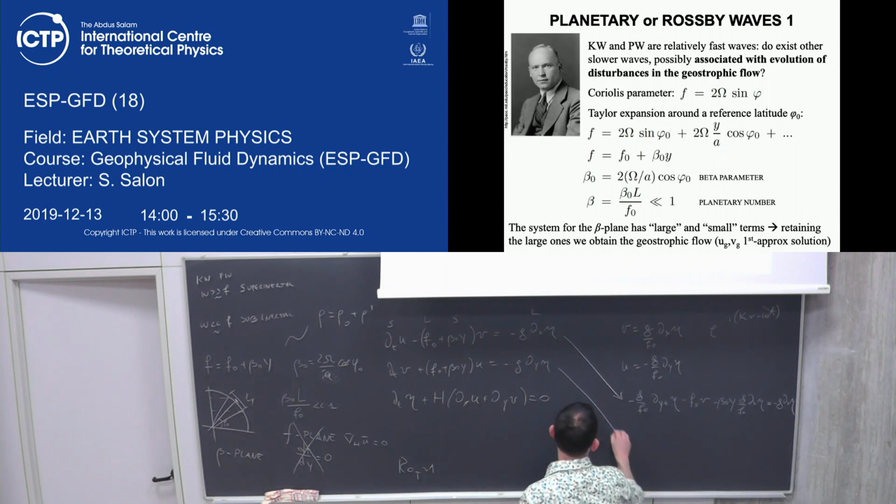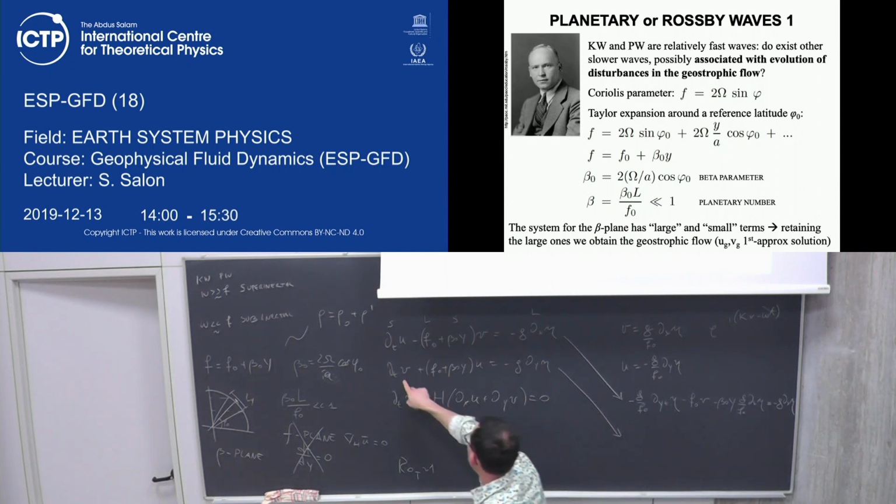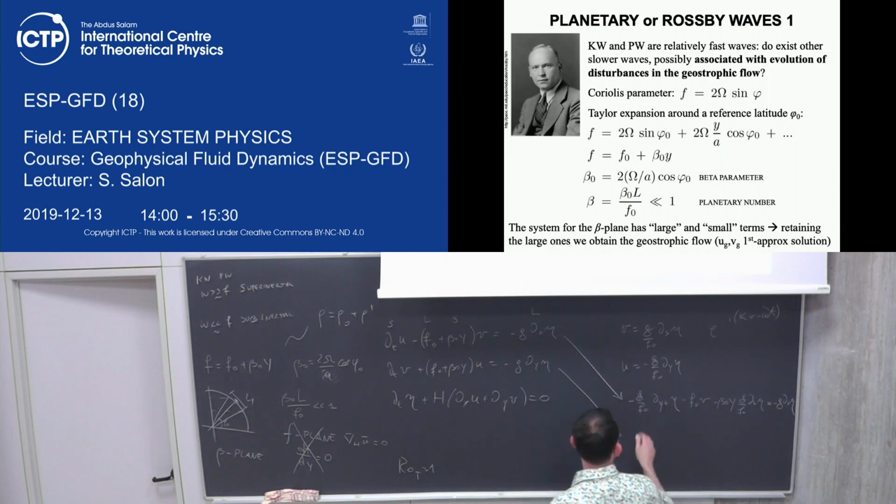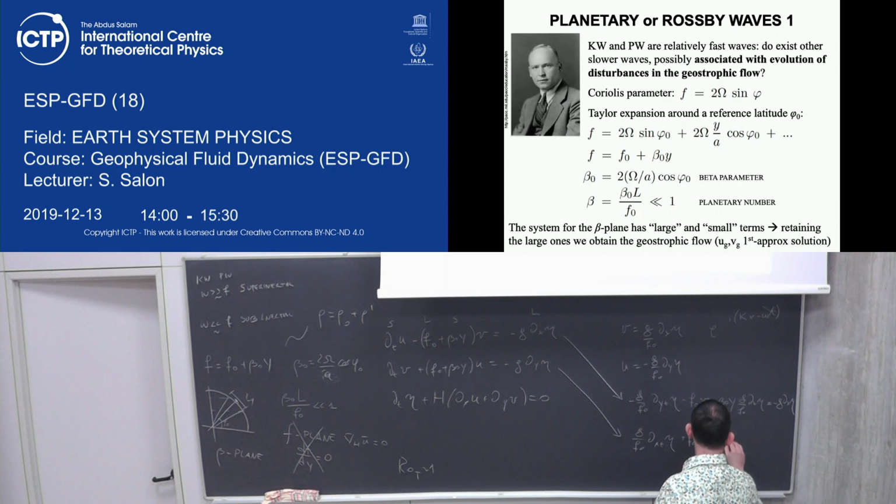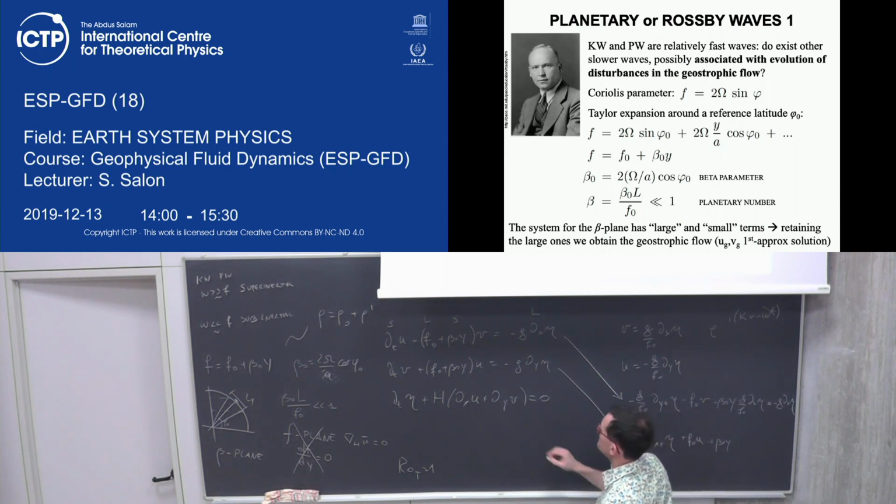The second is the time derivative of V, so V is this one, so it is g over f0 dxt eta. Then I have the Coriolis term, and then I have plus beta 0 y, and then I have u, which is this one.